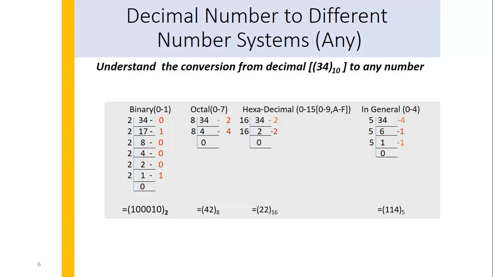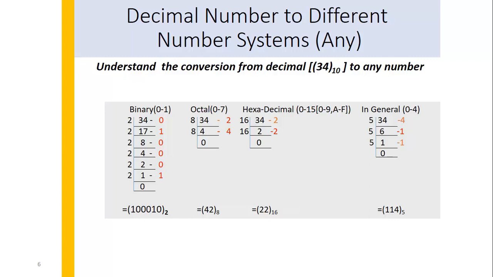We divide 34 by 5 to get 6 as quotient and 4 as remainder. Dividing this 6 by 5, we get 1 as quotient and 1 as remainder. Now dividing this 1 by 5, we get 0 as quotient and 1 as remainder.